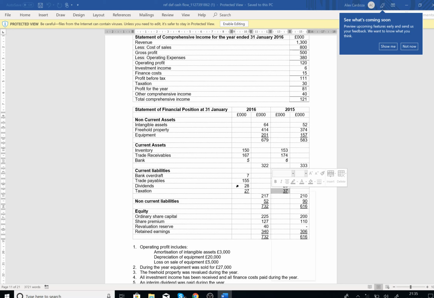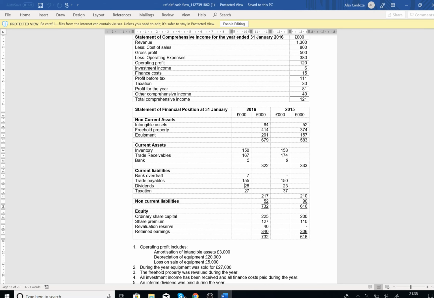So what you do again is take the difference. I would take 28 in 2016, 28 minus 23, which is 5.